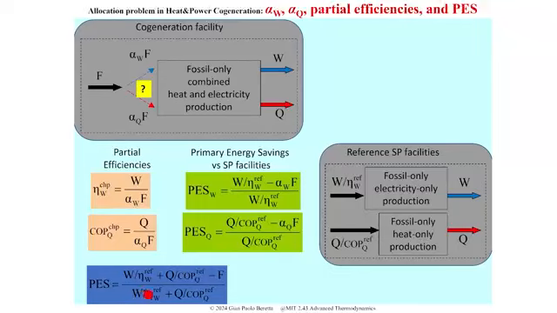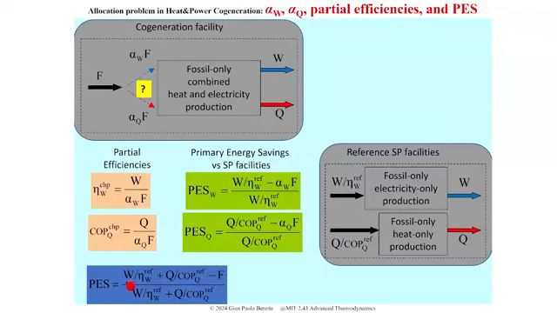It is defined as the ratio of the difference between what I would consume in a separate production and what I actually consume in my cogeneration facility, divided by what I consumed with the reference production.